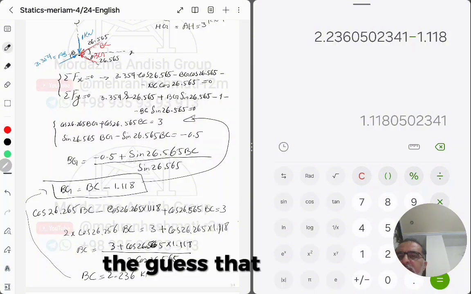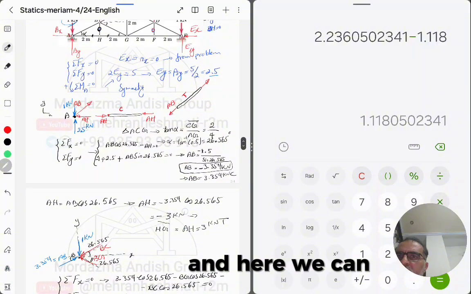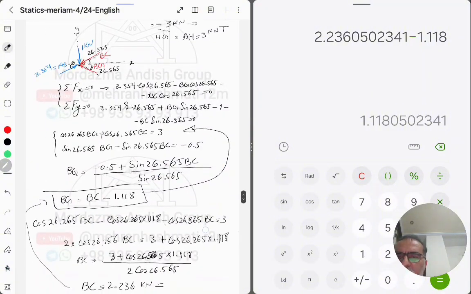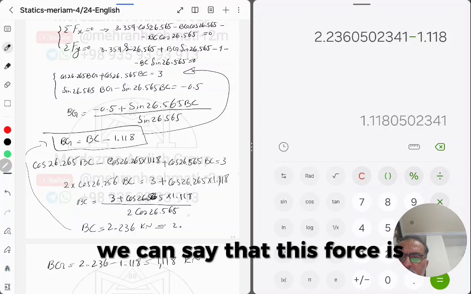The guess that we had is correct, and here we can say that this force is 2.224.